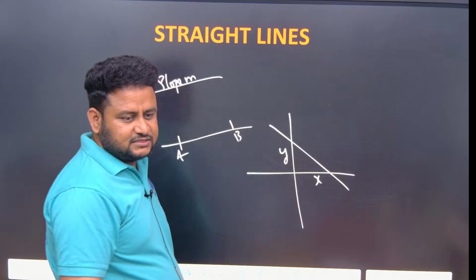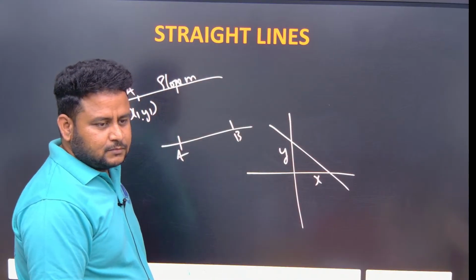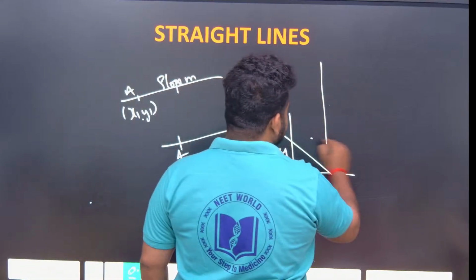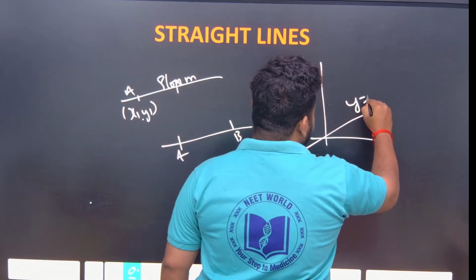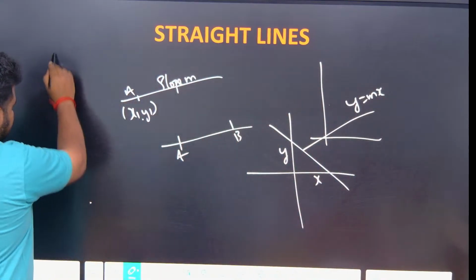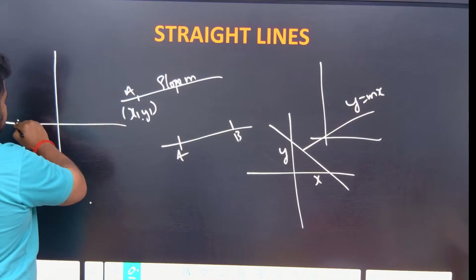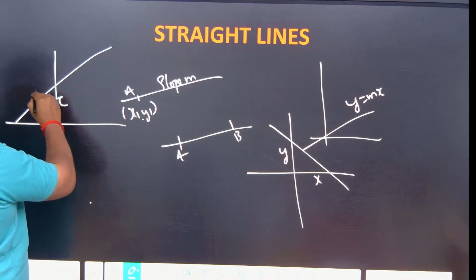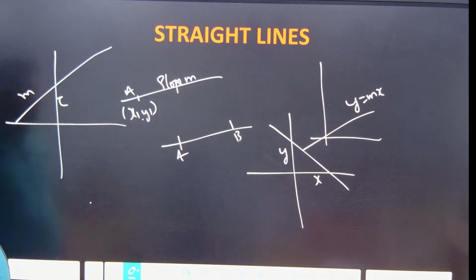Or if it is passing through the origin, we may have y is equal to mx, c will be equal to 0. Next we may have a straight line where there is only a y intercept, let us take it as c, and we may have slope m. This is another possibility. Various possibilities of a straight line I am talking about.